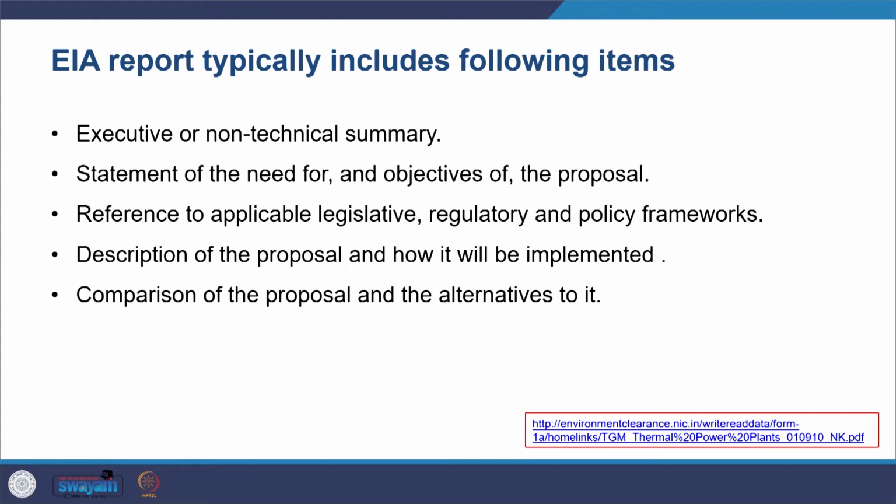And then you would also have statements for the need and objective of the proposal, then reference to applicable legislation, all the legislation which we studied, all that reference has to be made, and then a description of the proposal like we saw in the notification 2006. So how those descriptions, what content has to come, all that needs to be made, and comparison of the proposals and the alternatives.